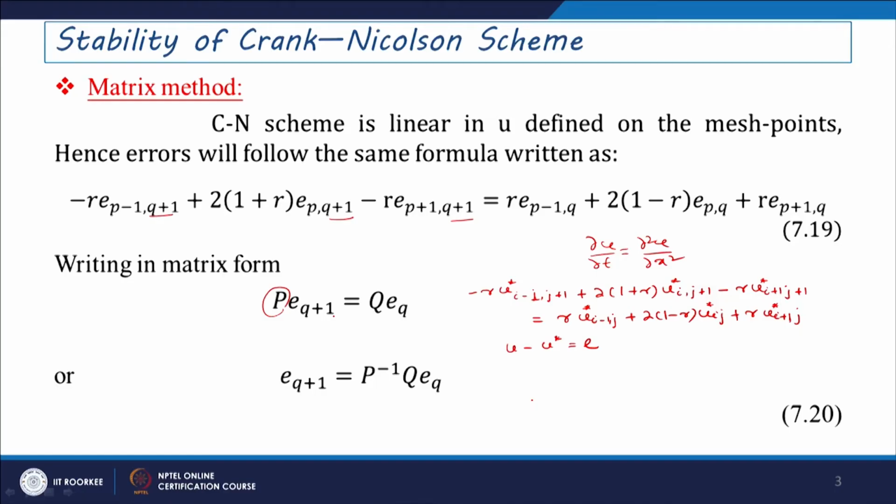If we want to keep this variable on the left hand side only and the matrix on the right hand side, then we can write the complete system as P inverse Q into e q.